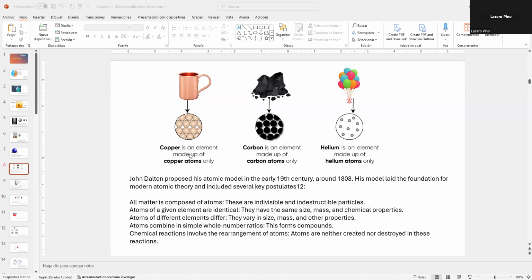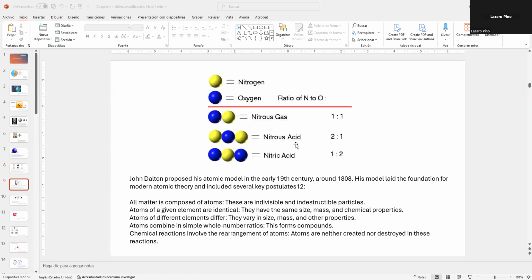For example, he says that for the same element, the atoms are the same, but they differ from the other atoms. Here you have examples of copper atoms, carbon atoms, and helium atoms. He also said that they combine in simple ratios.